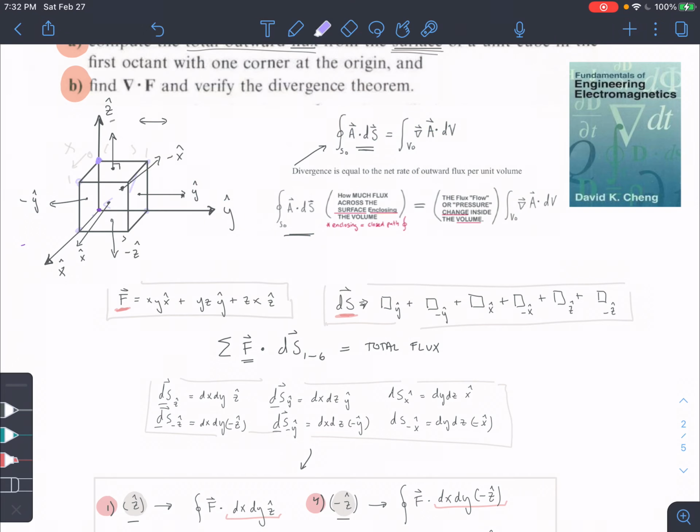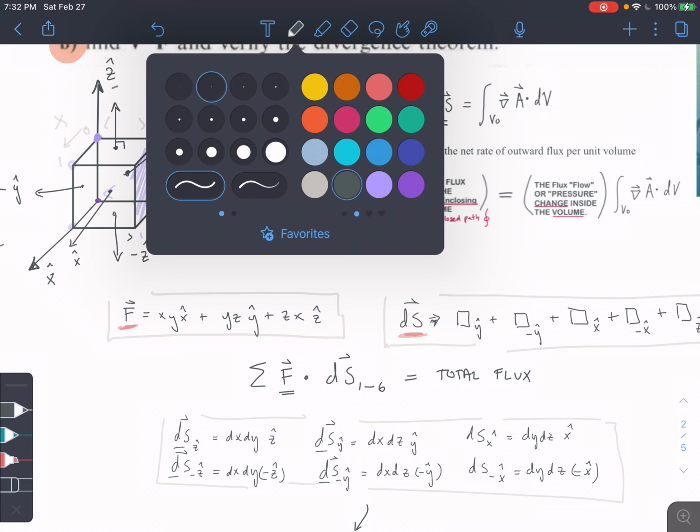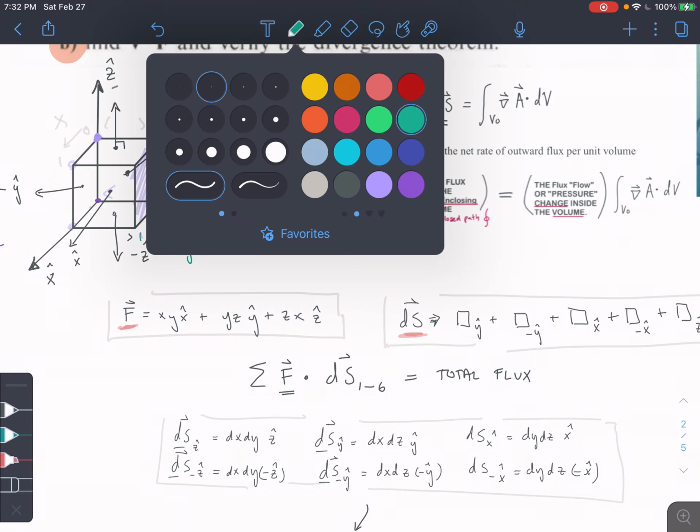Okay, so our positive y hat side is here. What are we looking at for x, right? This is our x direction, 0 to 1 for x. And we also have a y direction, 0 to 1 for y. Where does this exist on our plane? What is our constant y? Here, where our surface exists, y equals 1. So we need to plug in y equals 1, and then 0 to 1 for the bounds for the rest of these guys up here. Okay, so let's go down and do that.